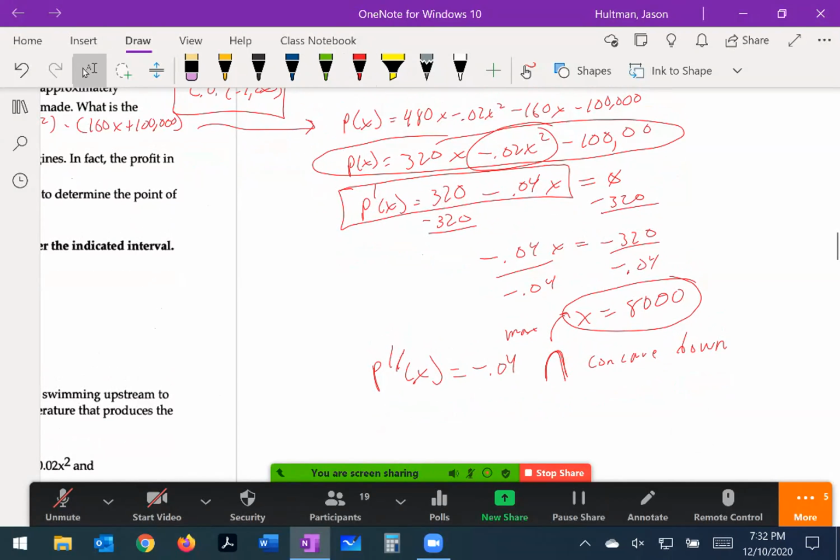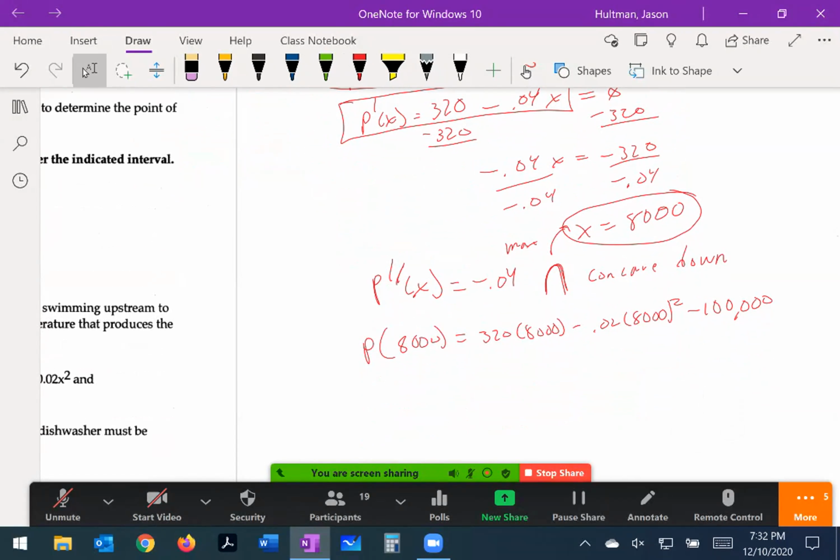Well, what is that max profit? Well, I don't know. What's P of 8,000? P of 8,000 is going to be 320 times 8,000 minus 0.02 times 8,000 squared minus 100,000. Okay, so 320 times 8,000 is 2,560,000 minus 8,000 times 8,000 times 0.02.